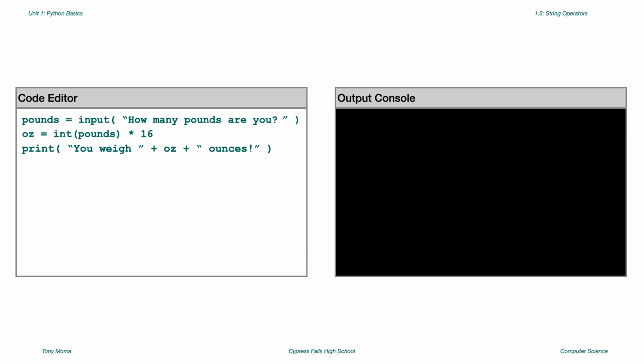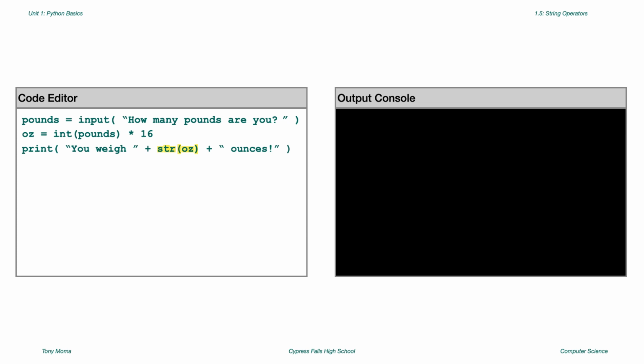Hence, in line 3, if I want to combine that value with the string, I need to convert the OZ variable back to a string using the str method. Then the Python interpreter will allow me to perform concatenation with it.